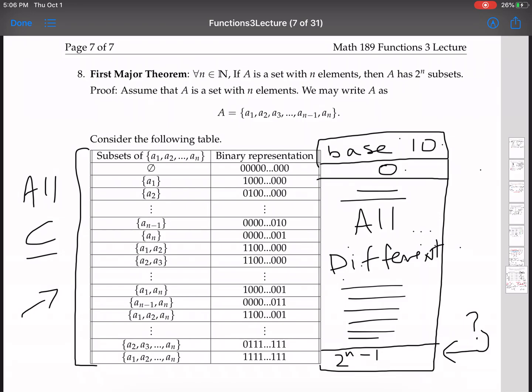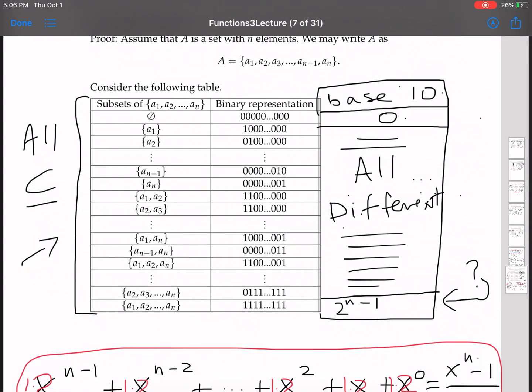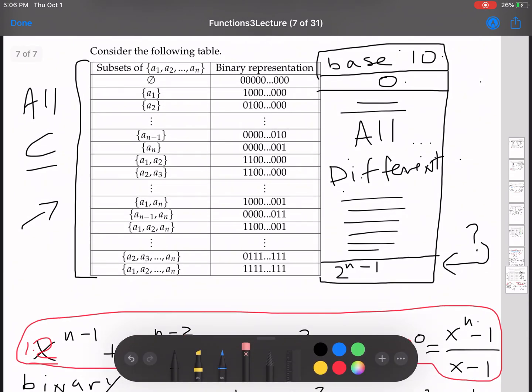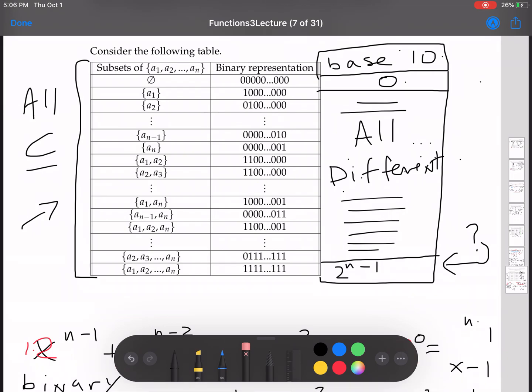And so how many subsets are there? So remember, this is a one-to-one correspondence, a bijection, from all of the subsets to all of the base 10 integers between 0 and 2 to the n minus 1.